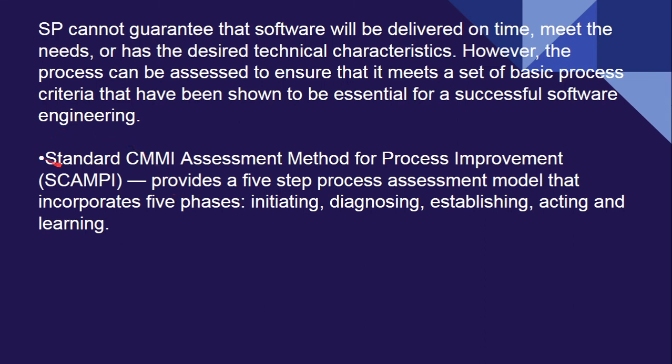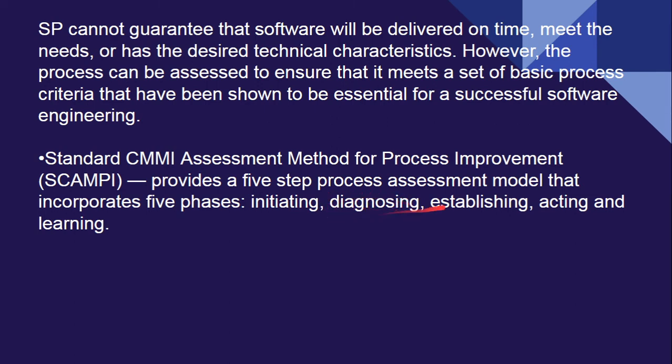One such standard is the CMMI assessment method for process improvement. So how to improve the process? It gives a 5-step process assessment, namely initiating, diagnosing, establishing, acting and learning. Initially, it is the initial phase, where it starts the process of analyzing the process quality, and then it will diagnose what has gone wrong or where it has been good.